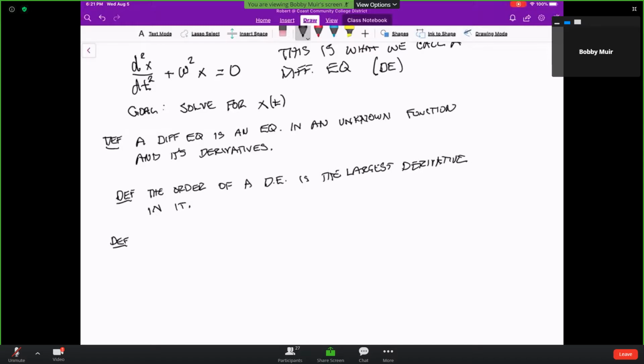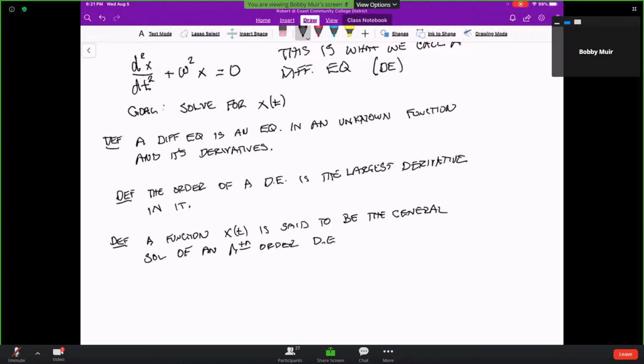Okay, so now we need more of a definition here. A function, let's say x of t, is said to be the general solution of an nth order differential equation if, number one, it is a solution.